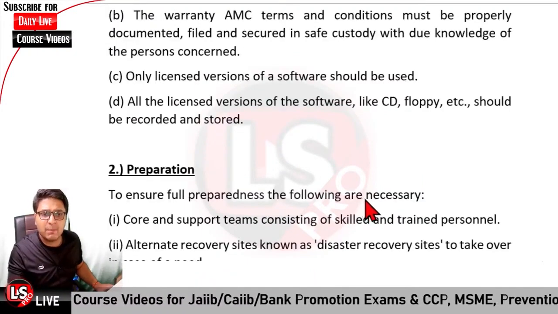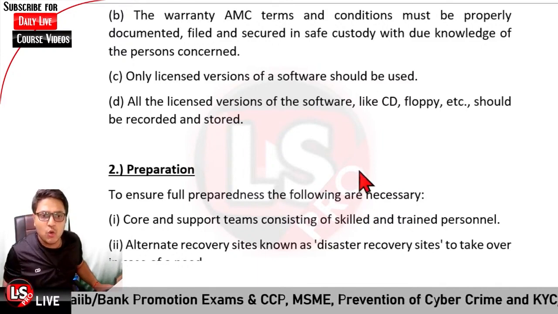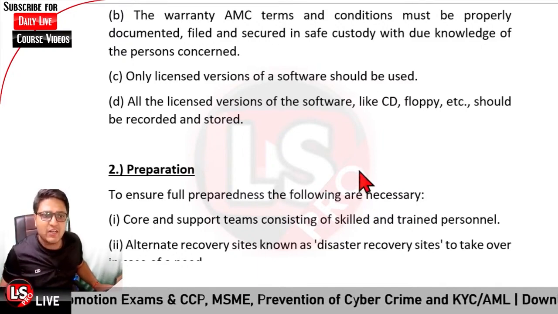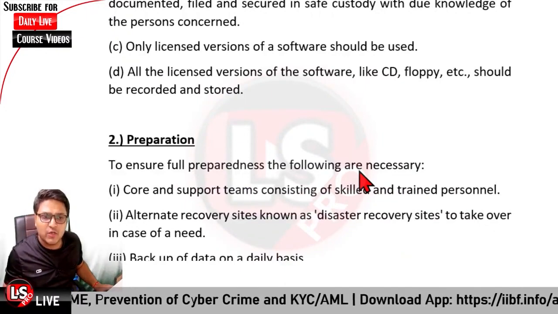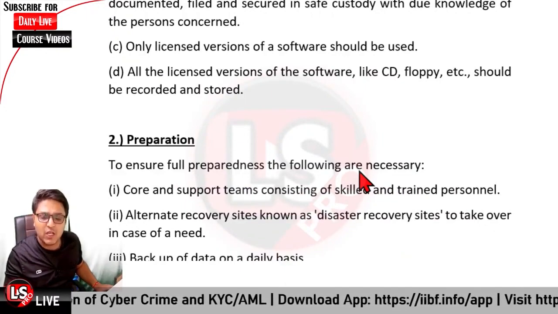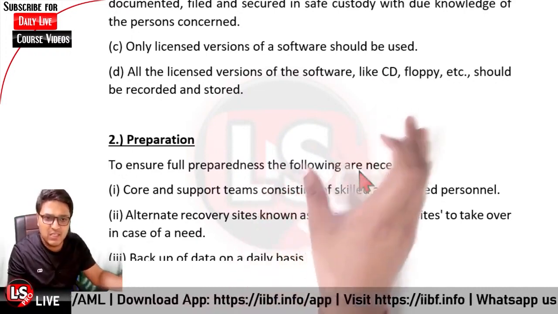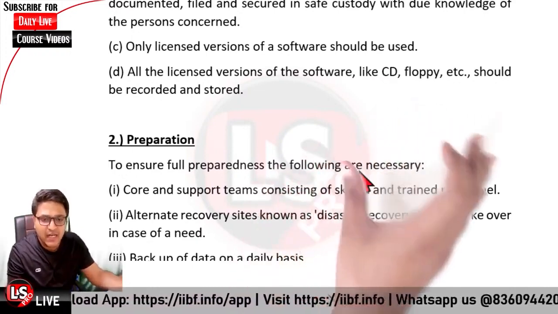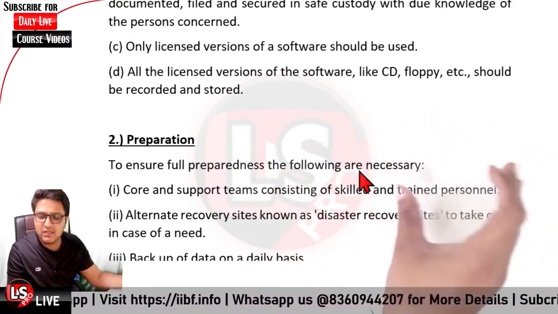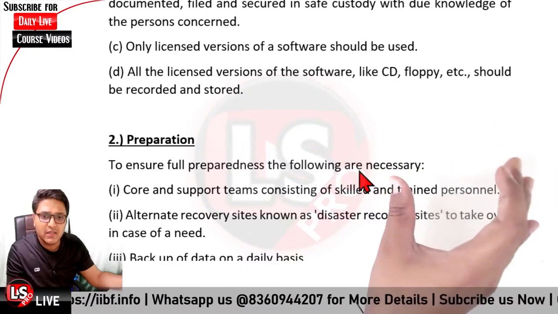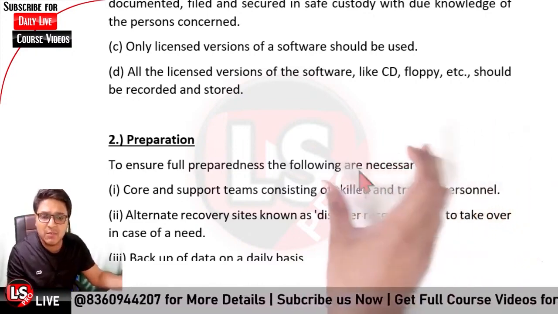Second phase is regarding the preparation. Core and support teams consisting of skilled and trained personnel must be employed, and further alternate recovery sites, known as disaster recovery sites, to take over in case of need. If there is a system failure of the CBS, if the main server fails, and a disaster recovery site is available, the data must be used from that site itself to maintain business continuity.